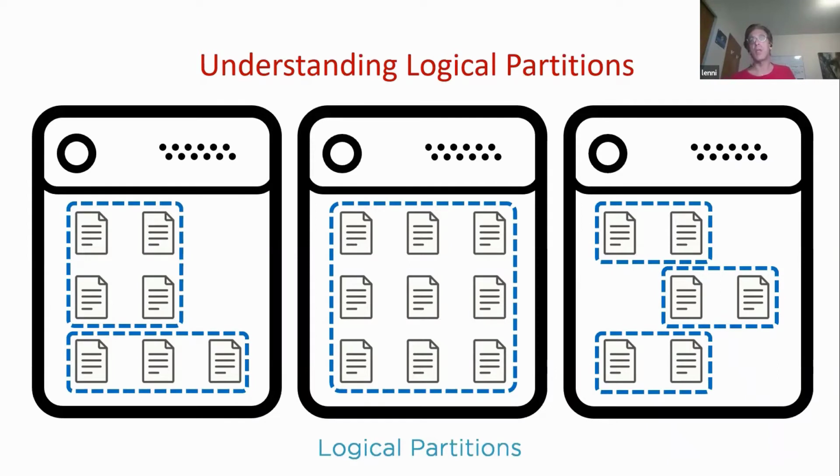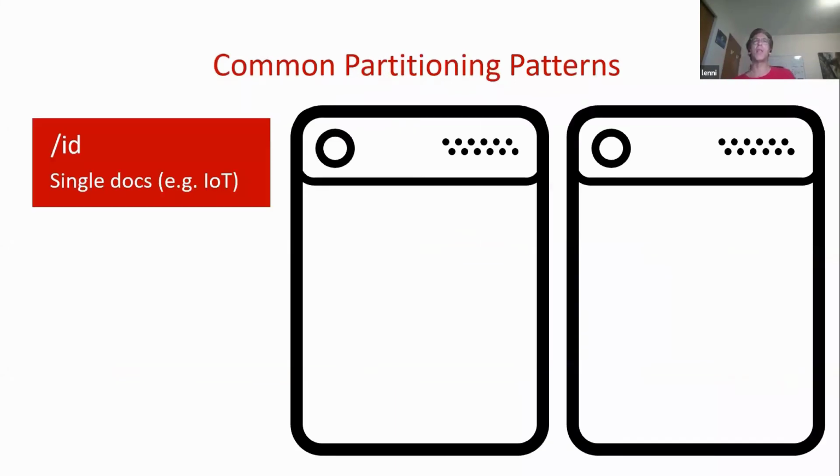Okay. So let's talk about some common partitioning patterns, because here I just talked about using the username as the partition key. In Cosmos DB, there is a property called ID, and every document in a container is unique within that entire container based on a composite of this ID property and whatever property you also choose as the partition key, let's say username.